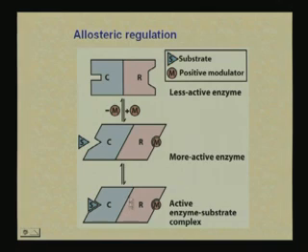Okay? Now, why is this essential? When you have a biological activity, you do not want the enzyme substrate complex to always be formed, because you probably do not need the product in the first place. Okay? So, you have to have it regulated so that when the product is needed, there will be a small molecule, a positive modulator.